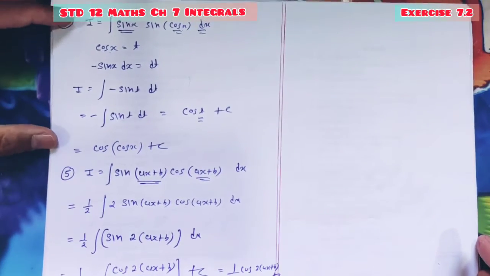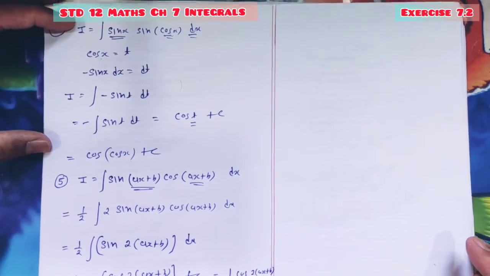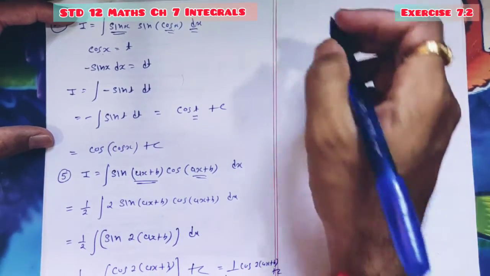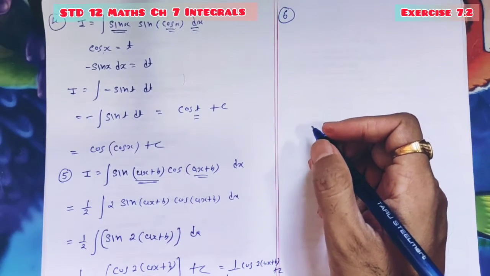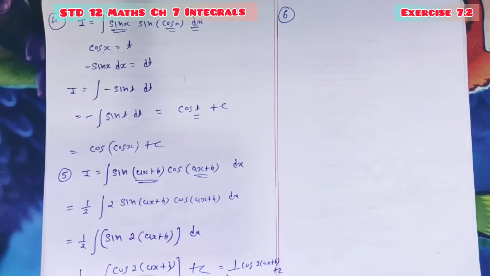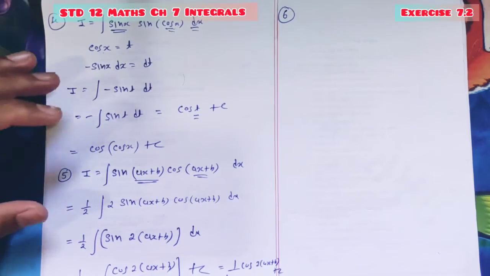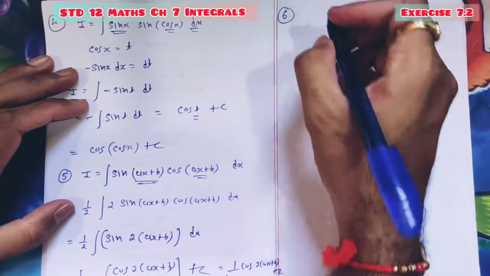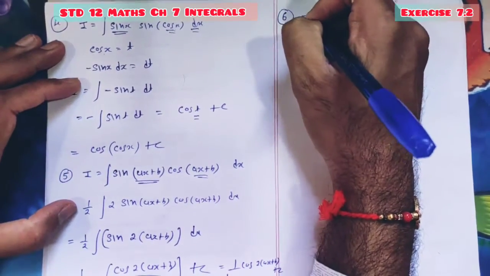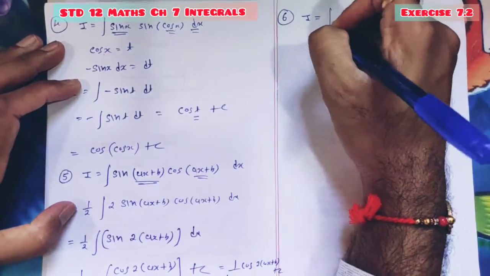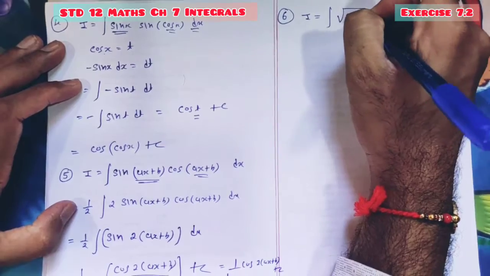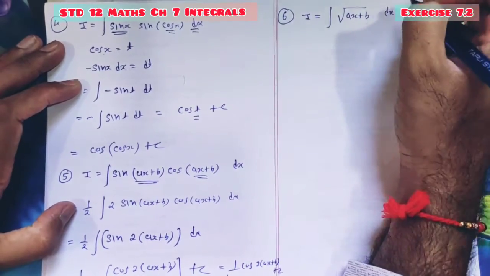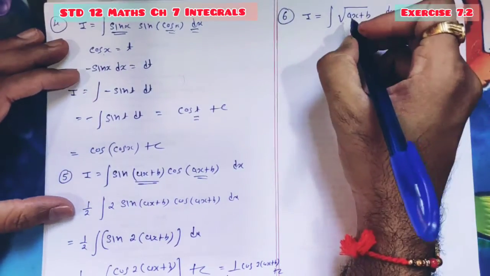Sixth, question number 6. Sixth sum, we are given I equal to integration of square root of ax plus b dx. So square root function is there.